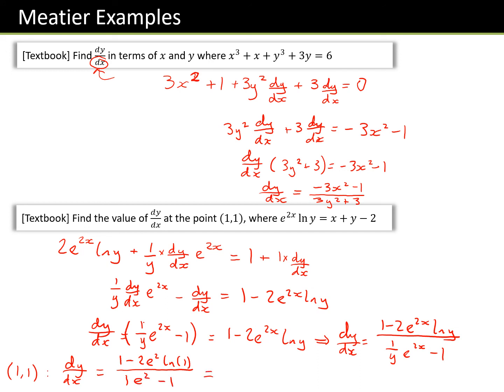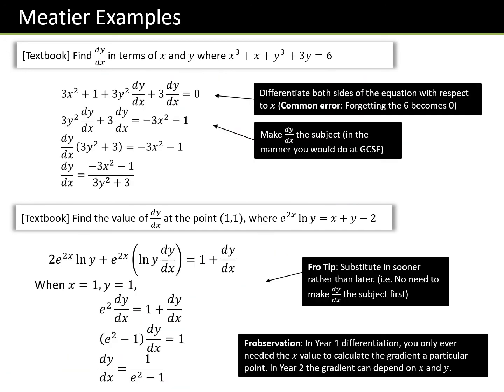Natural log of 1 is 0, so this is just 1 over e squared minus 1. Okay? And there's a nicer looking answer. Okay? So hopefully you understand this so far.